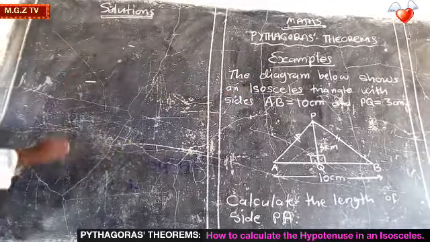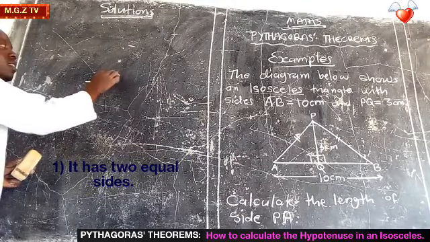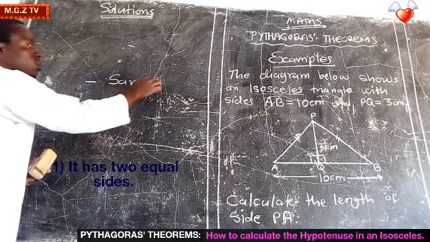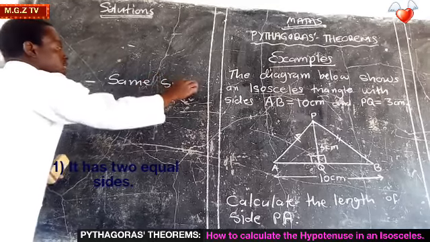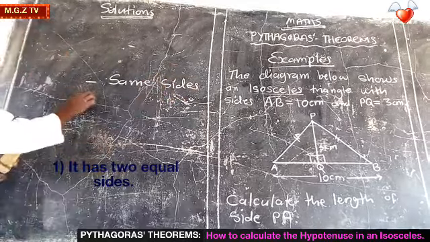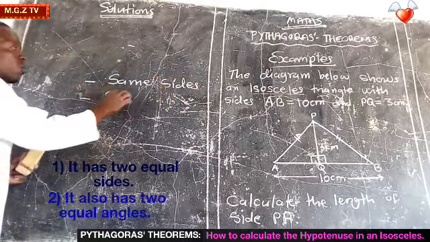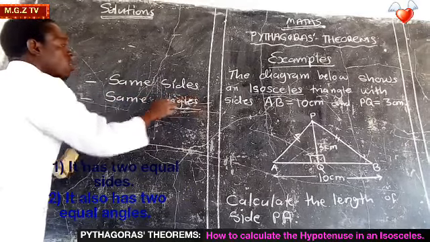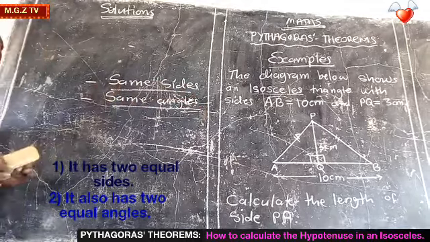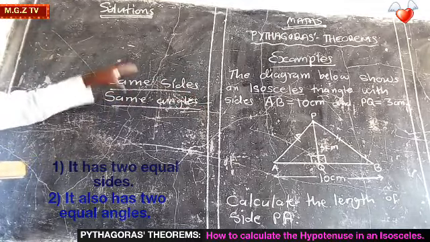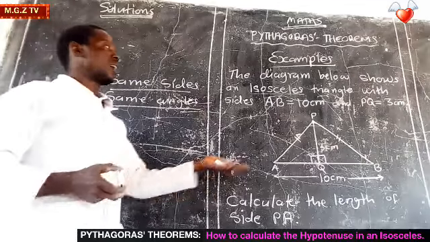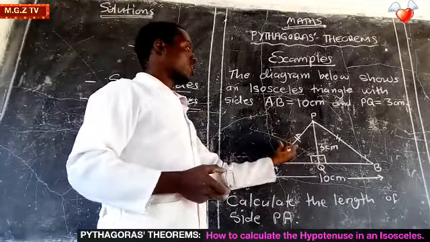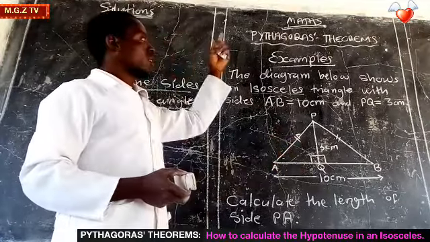The first property is that it has same sides. Secondly, it also has same angles. Once you have this idea, then you can understand this diagram without problems.